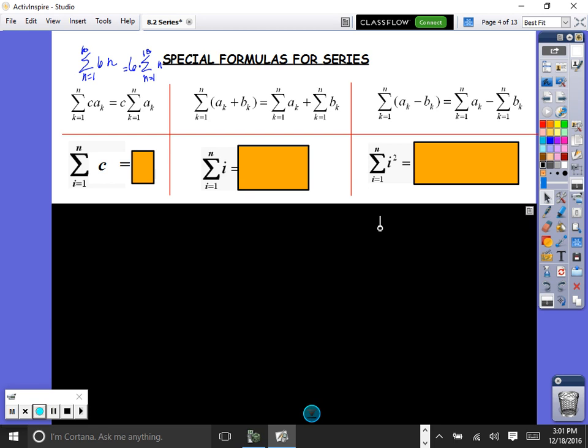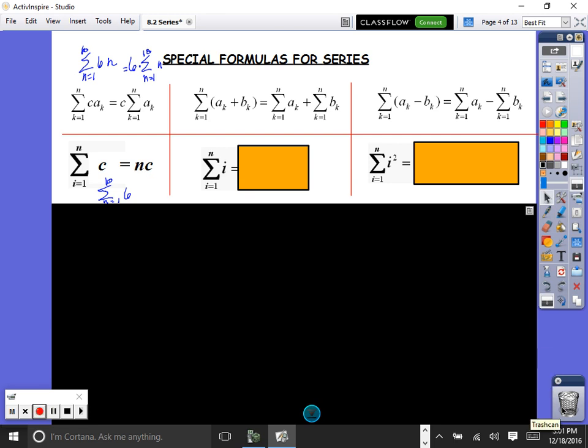This one is saying when I sum up a constant. So let's say I just add up 1 to 10 sixes. Well, that means I have 6 plus 6 plus 6 plus 6 10 times. I have 10 sixes.